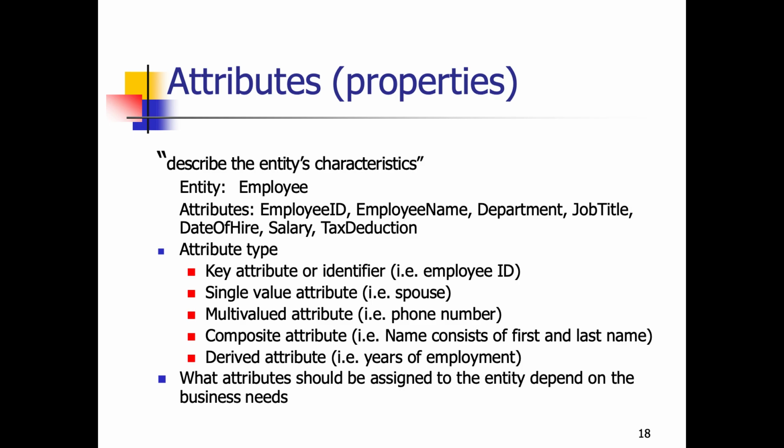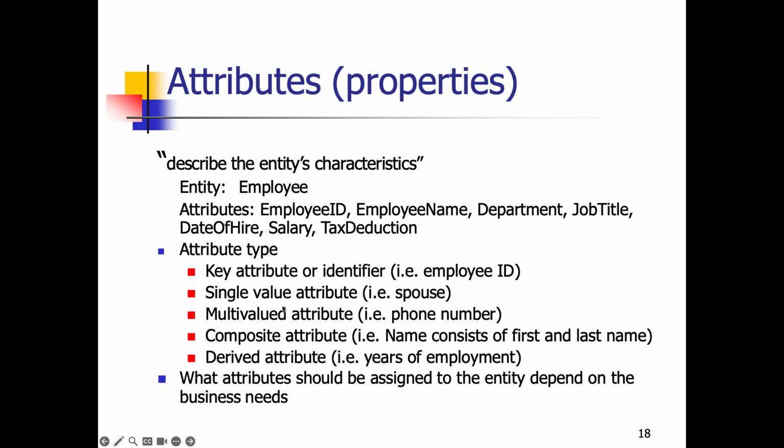And attributes, as I mentioned before, are just characteristics of your entities, right? So for example, we can have employee ID, name, department, job title, salary. So these are the different information that we would like to store later in our tables for employees, right? We want to see what the salary of this employee is, or for example, which department he or she is working at.